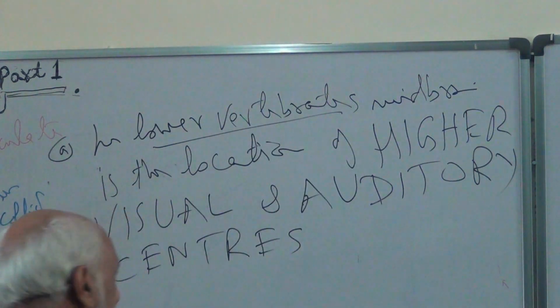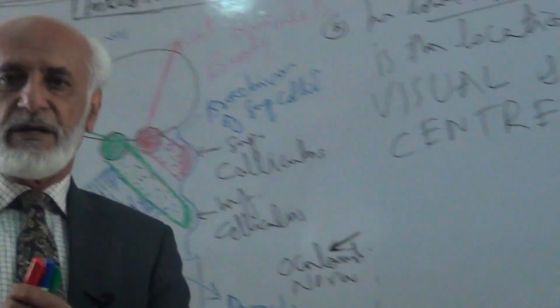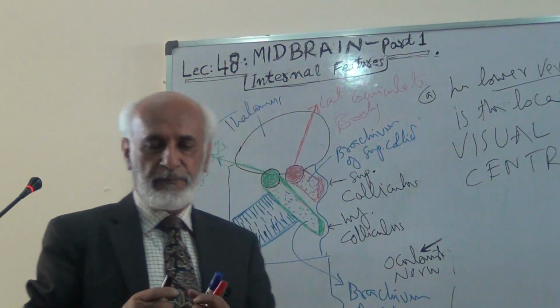In lower vertebrates, the higher center for audition and vision, hearing and vision, is located in the midbrain.